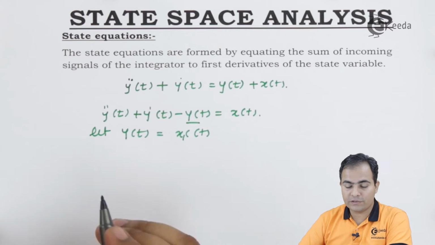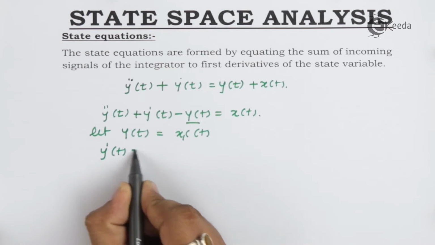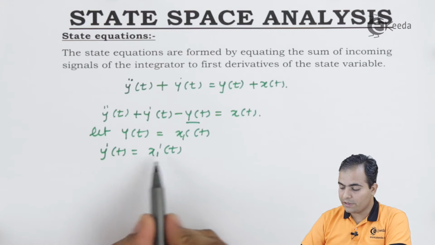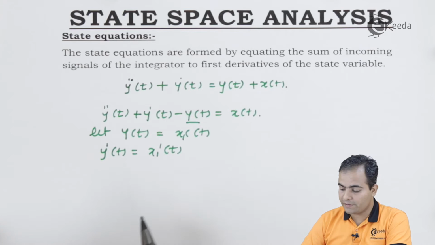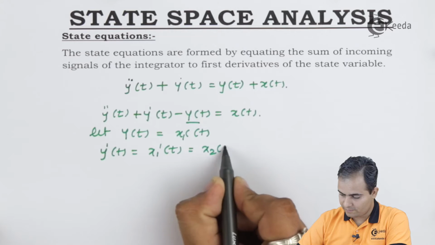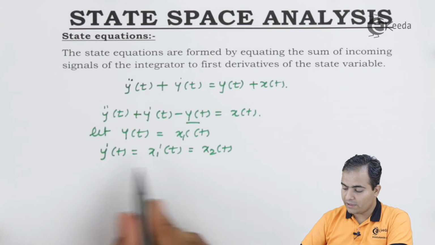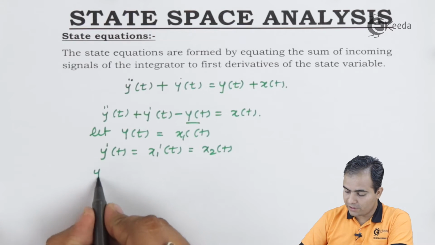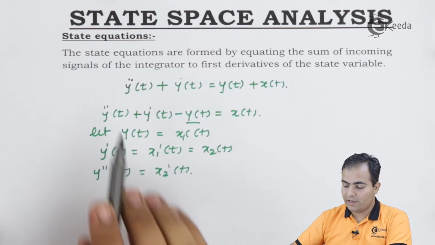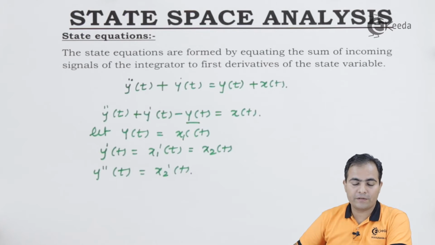Now we will differentiate both the sides. y dash of t equals x1 dash of t. Now your equation is at the highest degree of state variable, so we will replace it by the second state variable, that is x2 of t, and again we will differentiate both the sides so that your double derivative or second order differentiation of y of t will be covered.